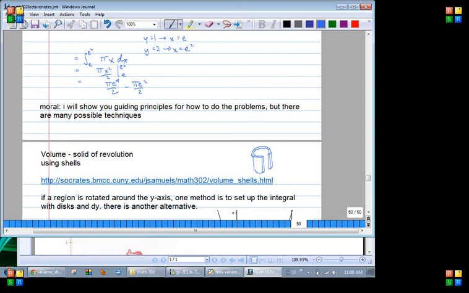So the question is, what's the volume of this thing? Well, the width of it is dx. But the question is, what's the area of it? Exactly. To see what the area is, we're going to unroll it.